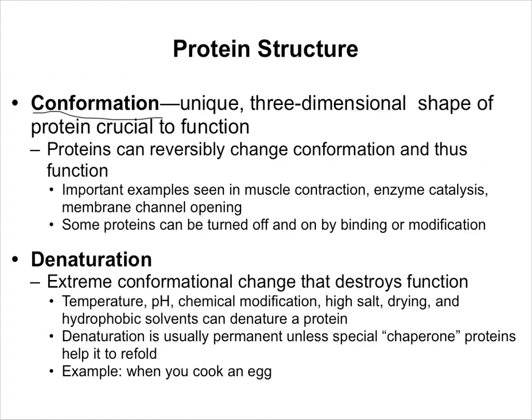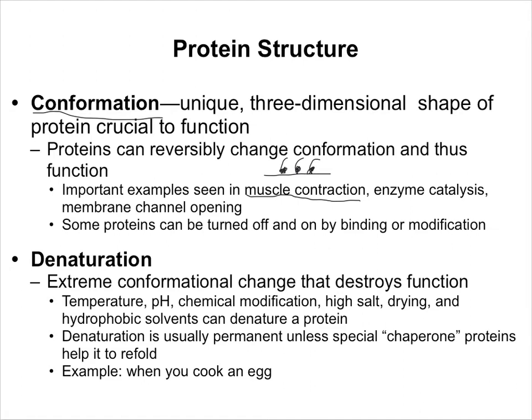A good example of this is in muscle contraction. The proteins involved in muscle contraction go through a shape change when they bind calcium. We'll talk about this more when we talk about muscles. When they bind calcium, they go through this shape change, and that shape change causes this little, you've basically got all of these little doodads that are bound to this big long string.